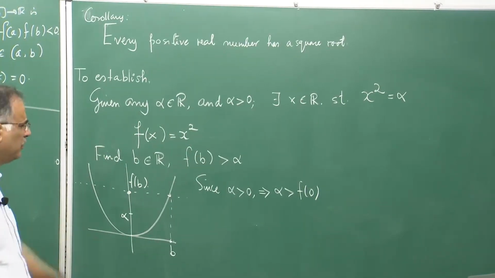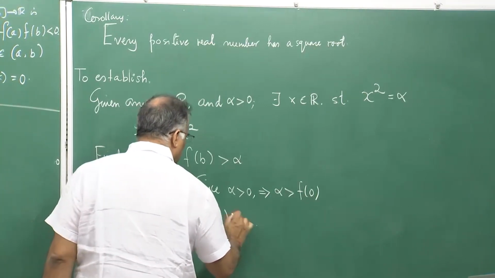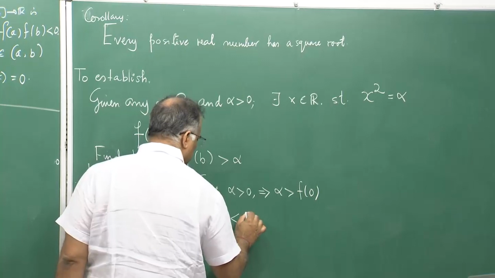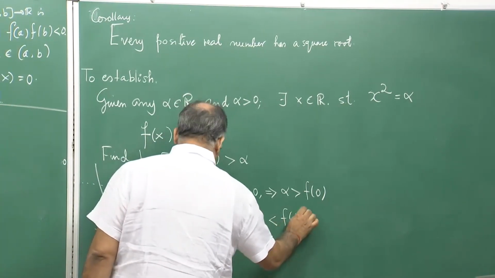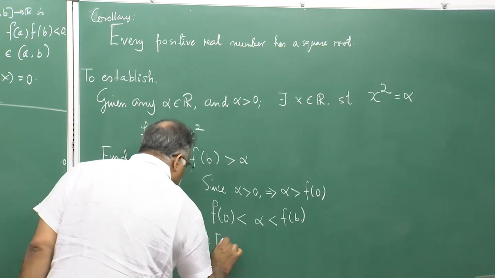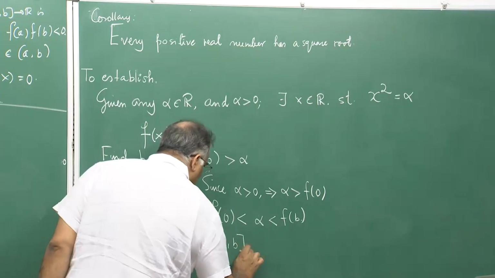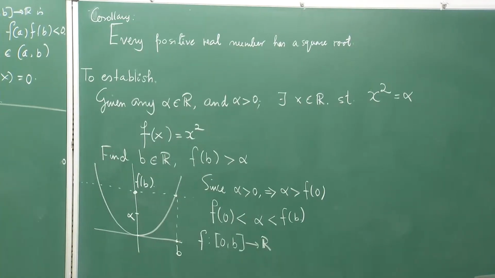So, what do I find? f(0) is strictly less than alpha, which is strictly less than f(b). If I just restrict f to the interval 0 to b, then this is also a continuous function.